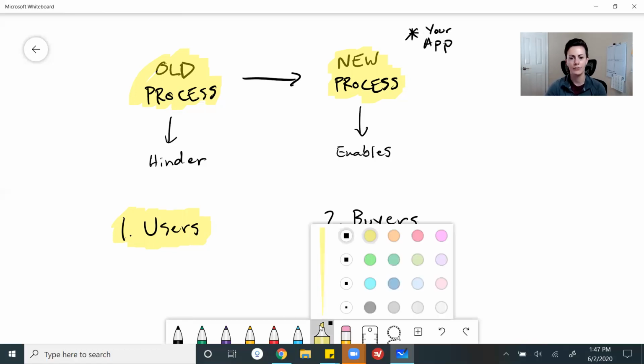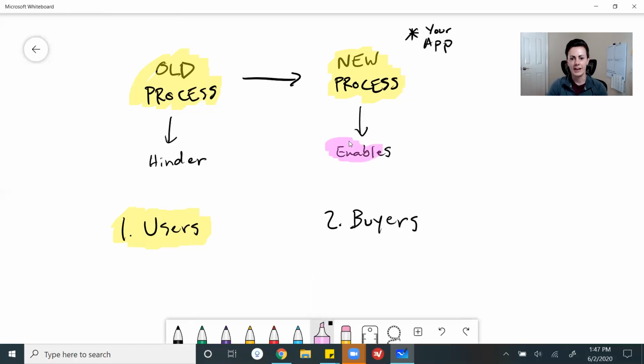But once you have that new process, right? Once you have your app, you have those enablers, okay? These are the outcomes that your app provides. So for example, your new process from a user standpoint might mean automating the way they find job applicants.